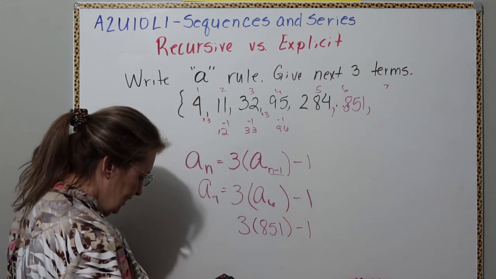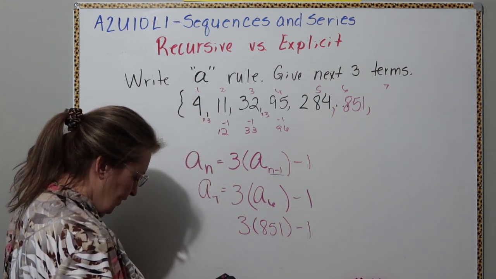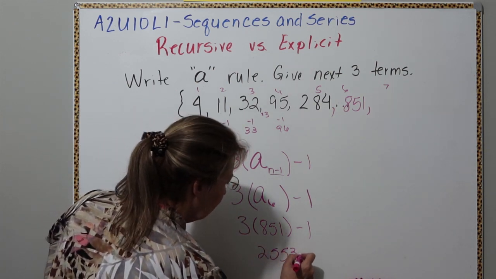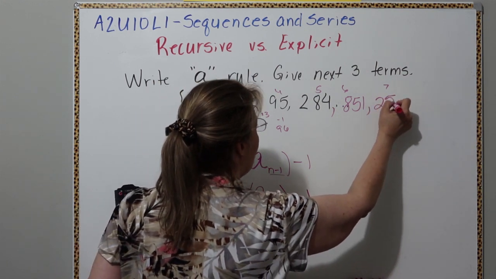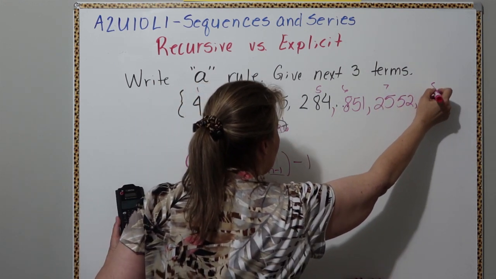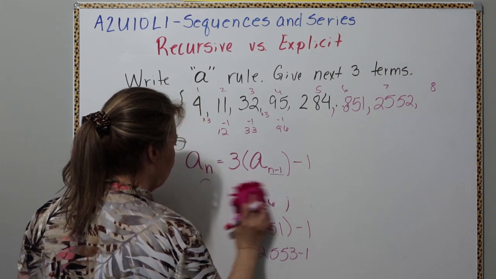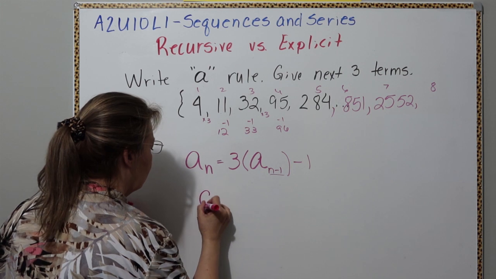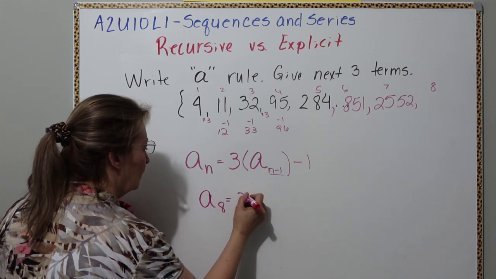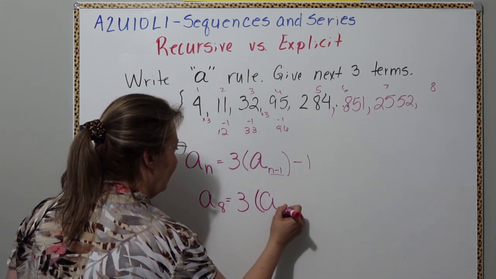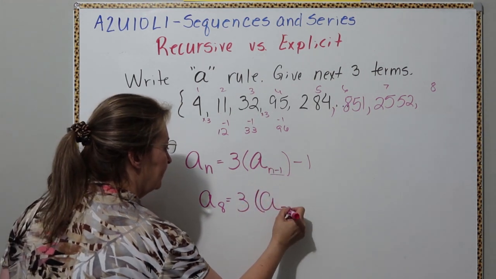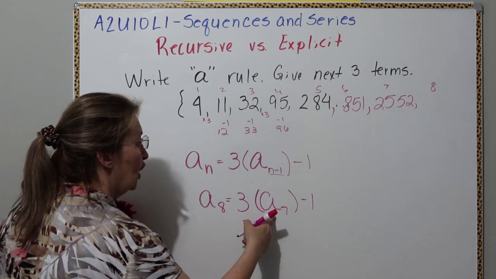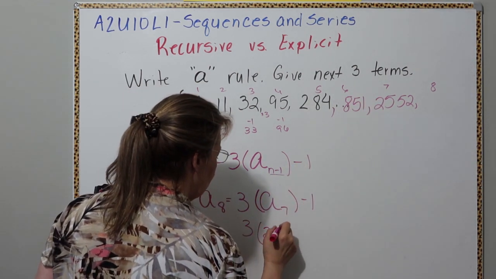So if I do 3 times 851, I get 2553, minus 1 is 2552. And now I have one more term left to find. So I'm going to need A8, which is going to be 3 times A, all right, 8 minus 1 is 7, minus 1. What is my 7th term? 2552.